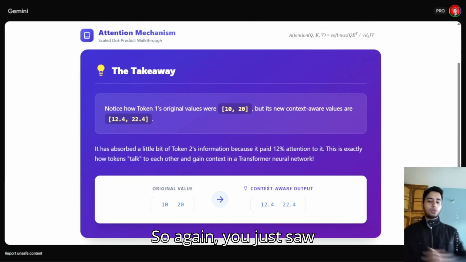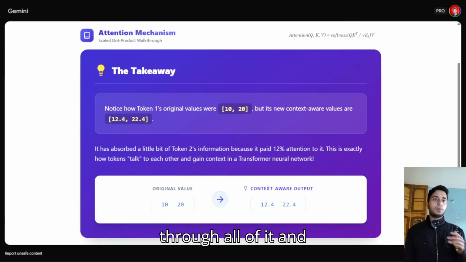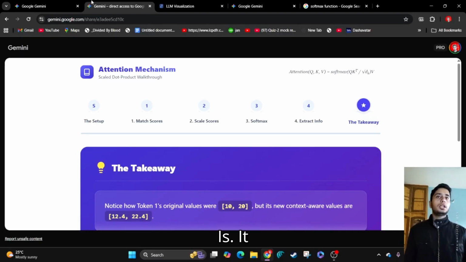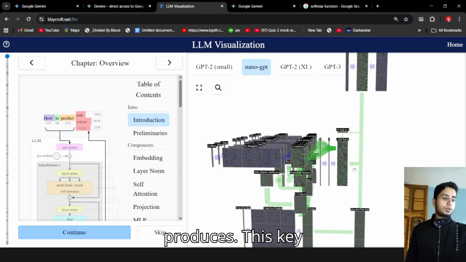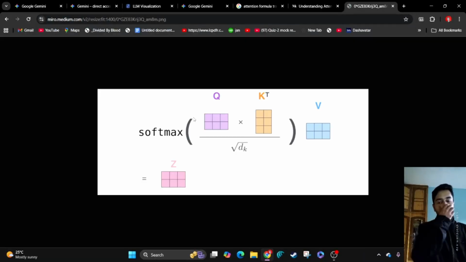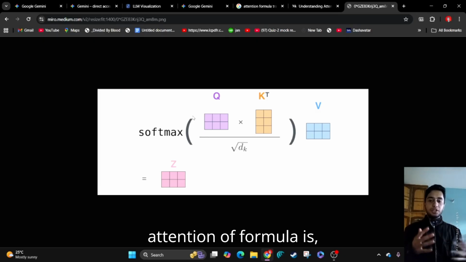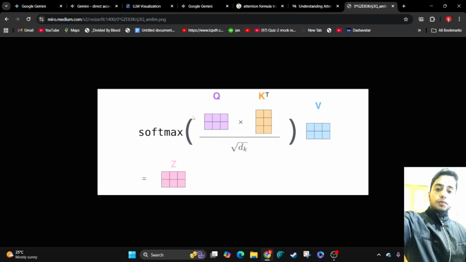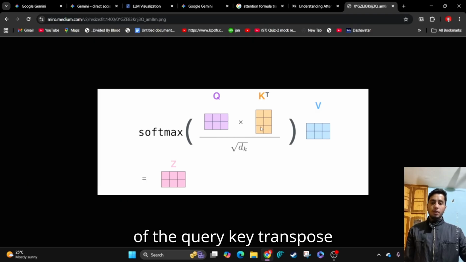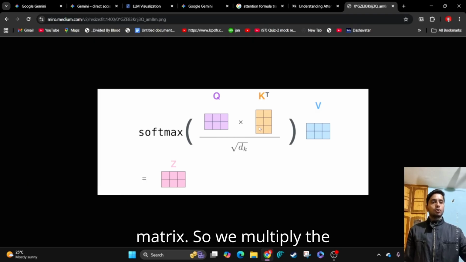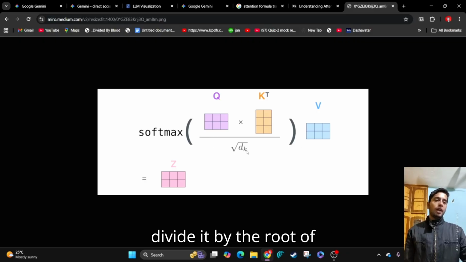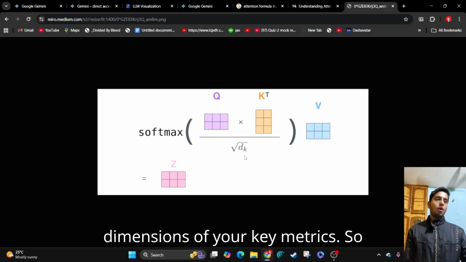So again, you just saw all of it. Now the attention formula is basically this: we take the softmax of the query times the key transpose matrix, divided by the root of the dimension of your key matrix.